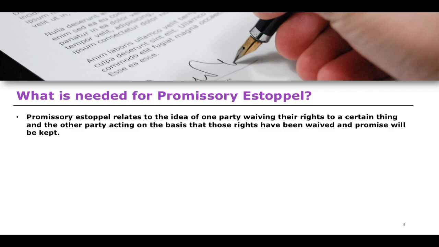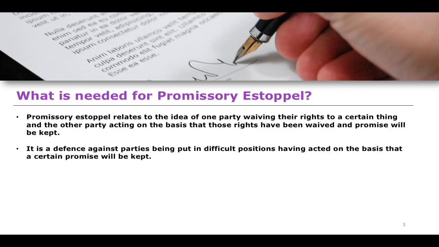In that circumstance, if the person who is waiving their rights then tries to go against that and renege on that promise, then they will be stopped from doing so in the law of equity, fundamentally. It is a defence against parties being put in difficult positions, having acted on the basis that a certain promise would be kept.